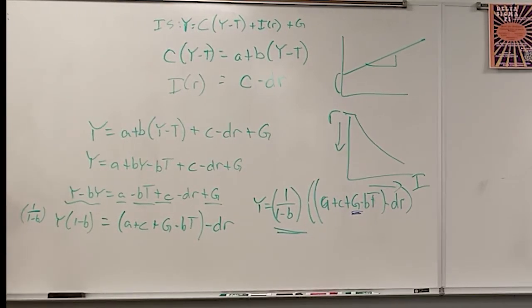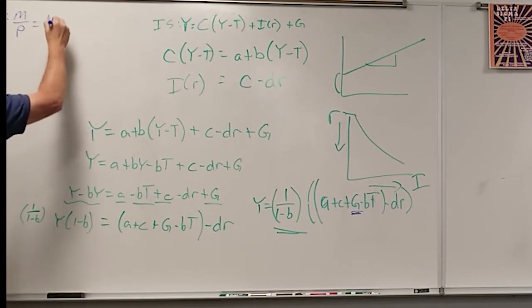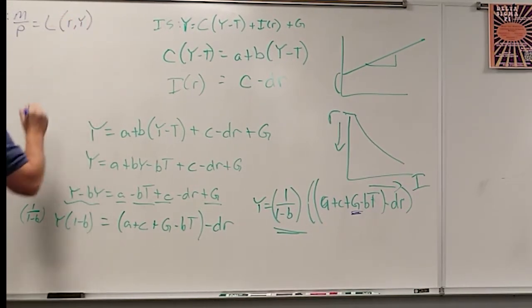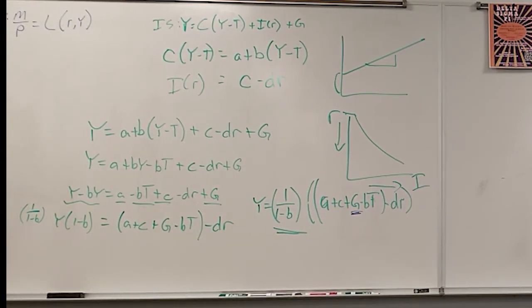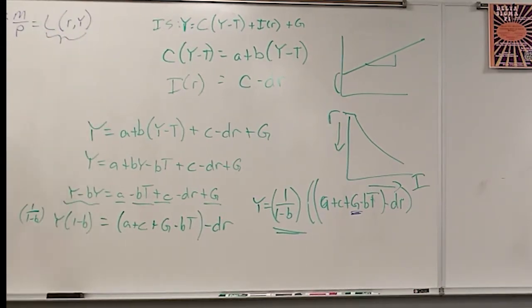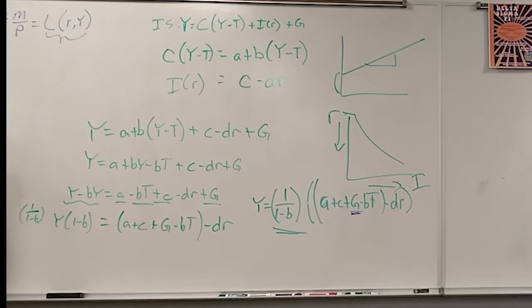Now we understood that the LM curve was represented by M over P being equal to some function of R and Y. So then, in order to linearize this in any kind of way, we would have to give some actual algebraic expression for that function. So let's give it some sort of a generic algebraic function.